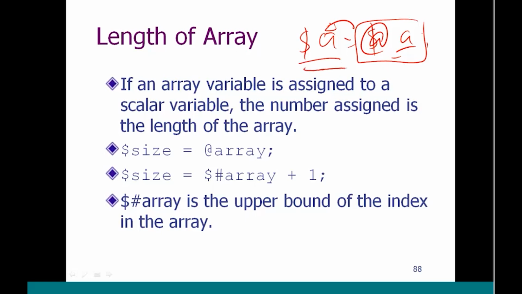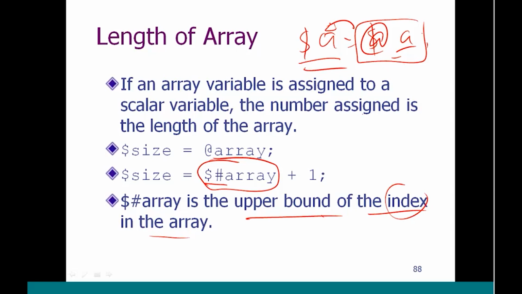There is also a special variable, which is $#array. This stores the upper bound of the index of the array. What that means is the index of the last element of the array is stored in this variable.